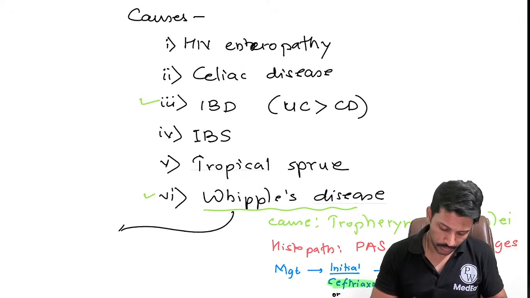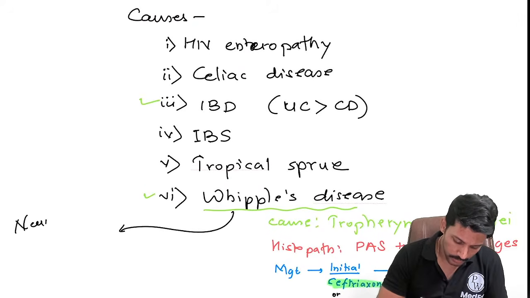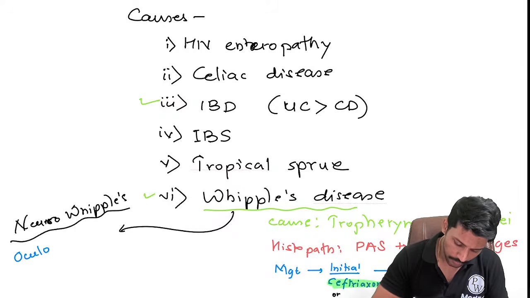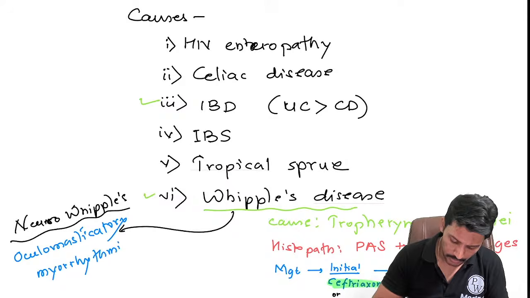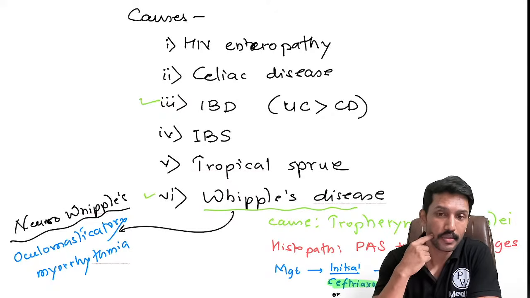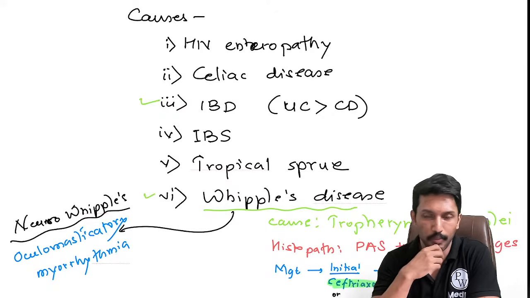And I also want you to remember neuro Whipple's. When there is neurological Whipple's disease, neurological involvement presents with something called oculomasticatory myorhythmia. So it's a condition where patients will have eyeball movements synchronized with the masticatory muscle movement.